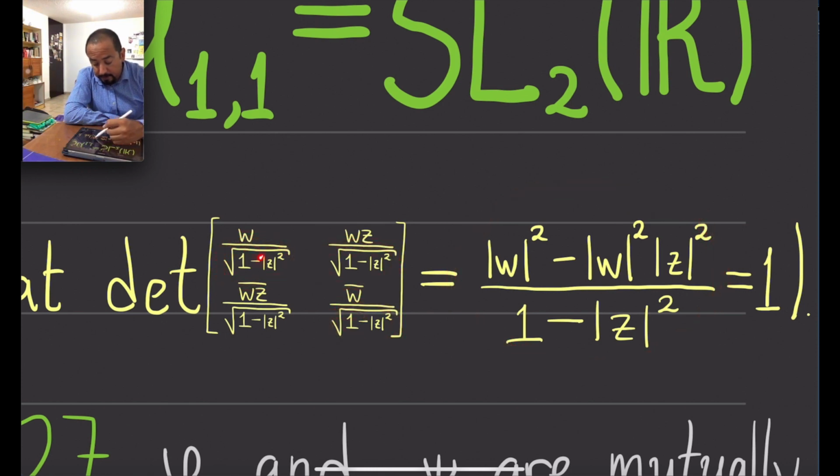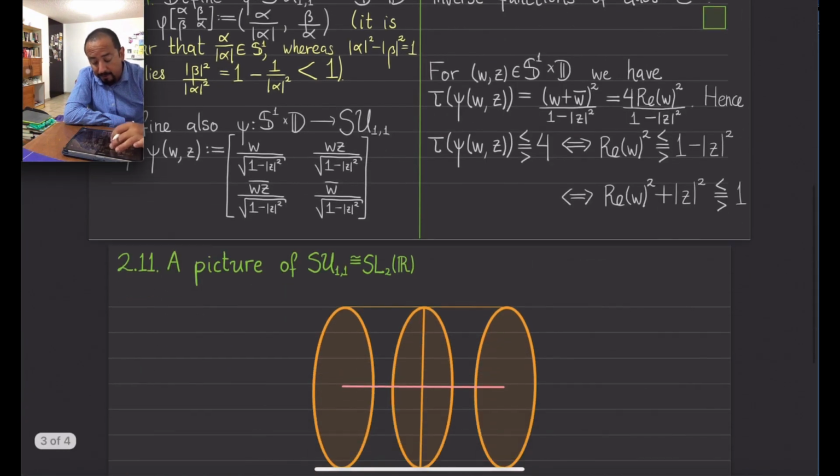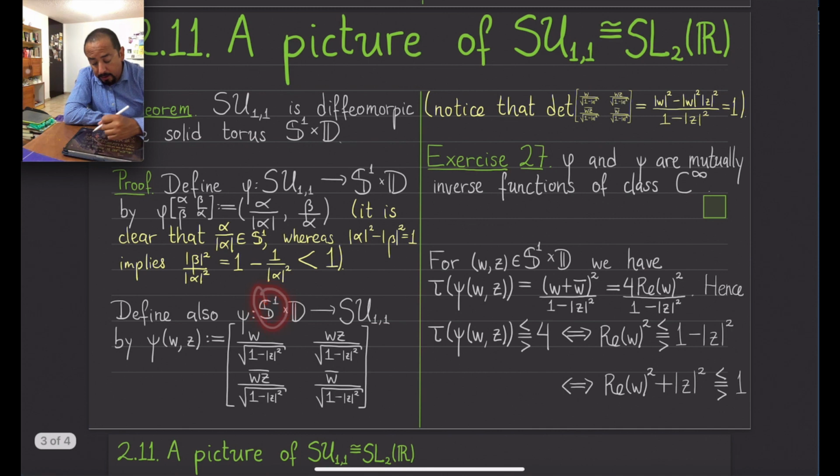So this times this in the denominator, the square root disappears, minus, and also here it disappears. And then on top we have this one. We pull out the square of the norm of W as common factor. So this one cancels, and then we are left only with the square of the norm of W, but W was in the circle. So it's 1, right? So this matrix is indeed in SU11.